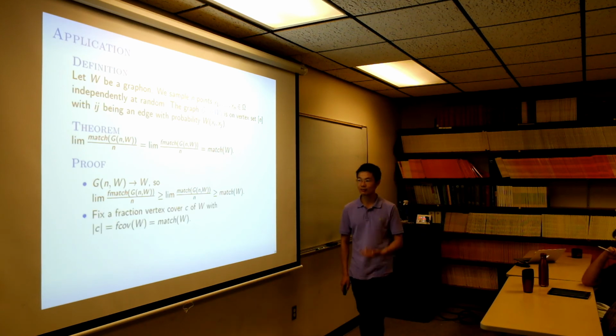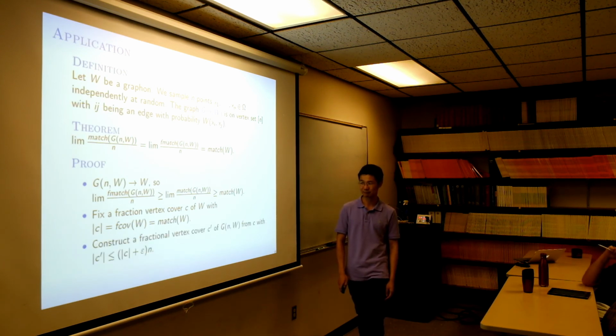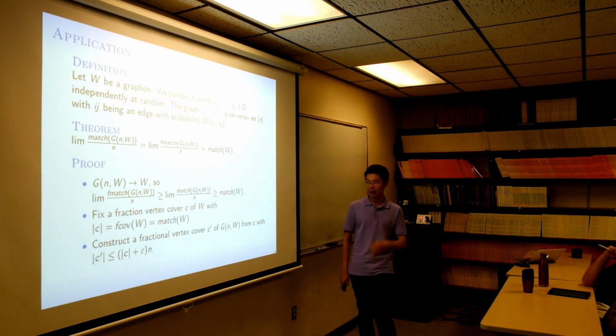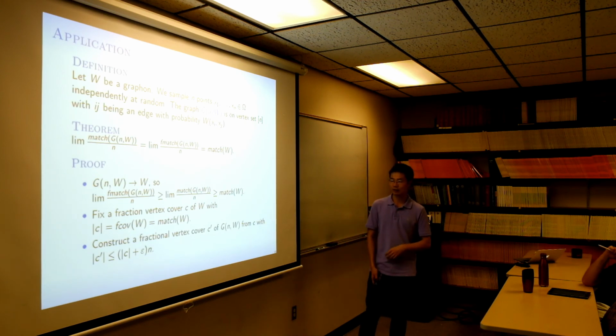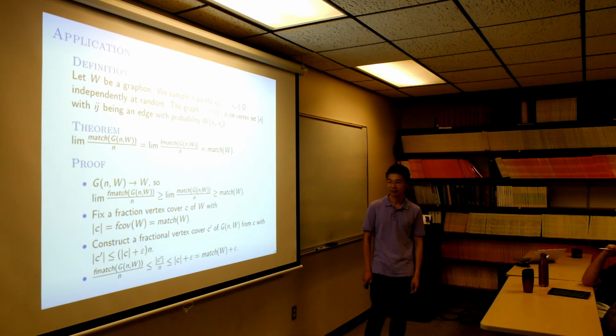We fix a fractional vertex cover C of W which achieves the extreme number. We already showed such a C exists. Then we can also find a fractional cover C prime of each G_n(W) such that it is not far away from C. So the fractional matching number of G_n(W) is bounded by C prime, which is bounded by the size of C plus epsilon.